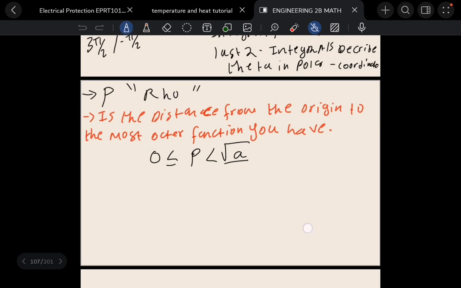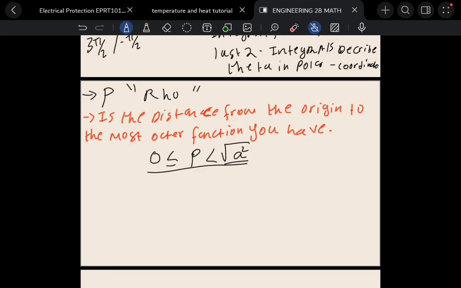So your outermost bound for rho is always the square root of the constant in the equation of a sphere. And your minimum bound for rho is always going to be 0. Nothing will ever change.